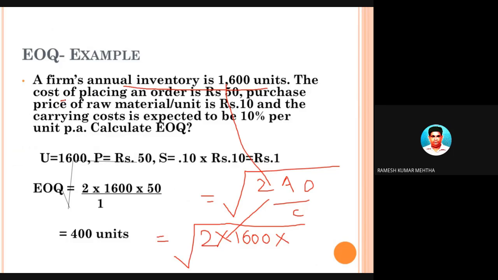You are placing an order, and per order it will cost you 50 rupees, by C. I am separately calculating the carrying cost per unit, which is price into percentage. If you want to purchase 1 unit of raw material, it costs you 10 rupees, and the inventory carrying cost is 10 percent. So it is 1 rupee.